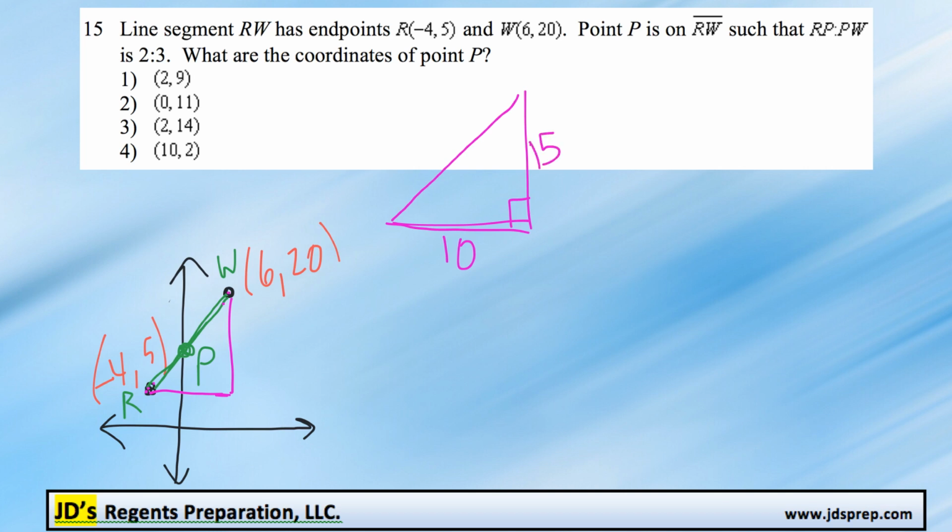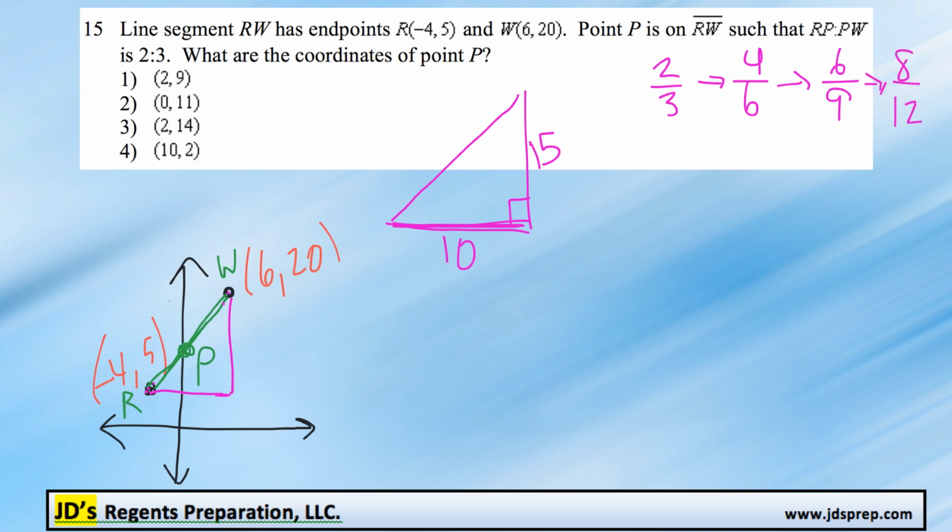So a strategy here is to try to choose one of these distances, for example, 10, and we'll try to split it so that it has a ratio of 2 to 3. So think, other ratios of 2 to 3 could be 4 to 6, right? That's just simplified. Another example would be 6 to 9 or 8 to 12.